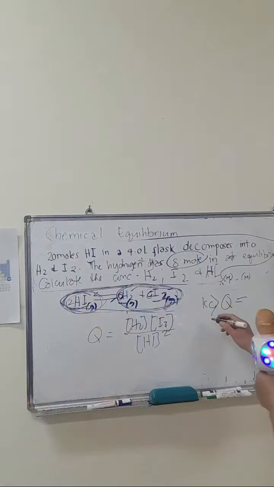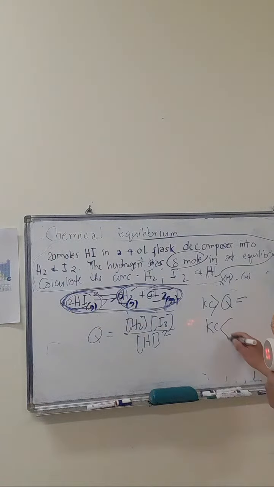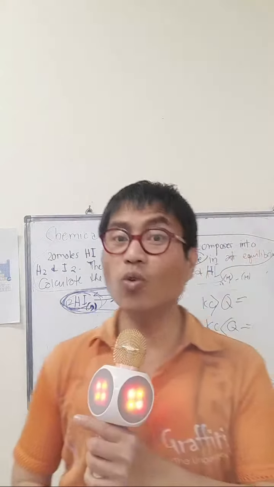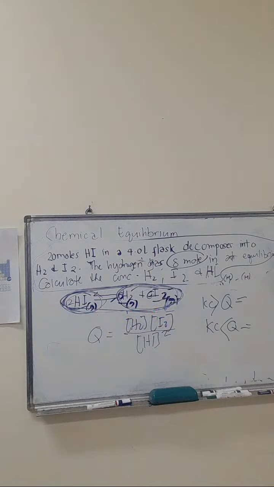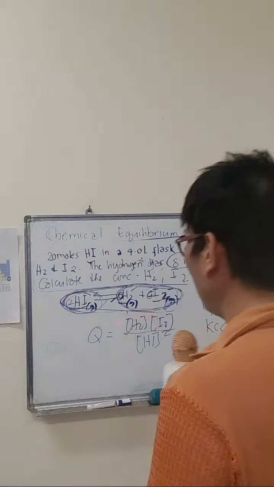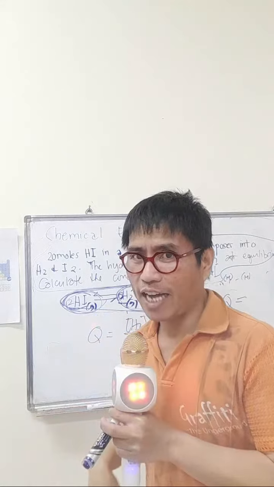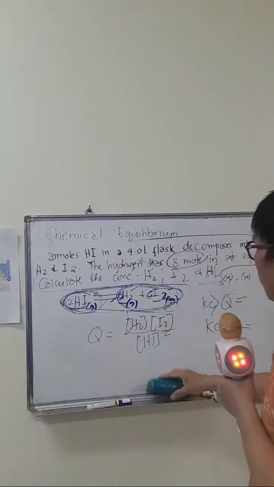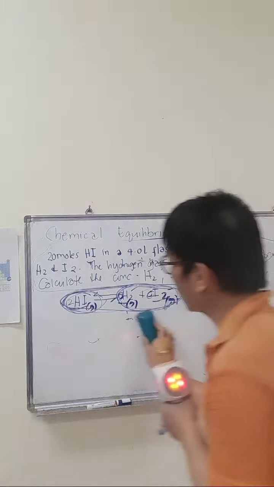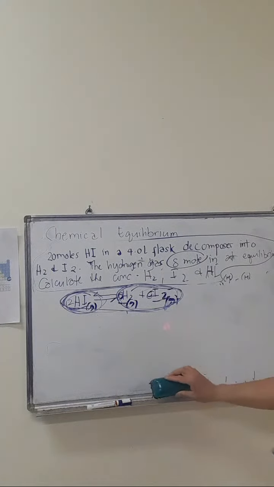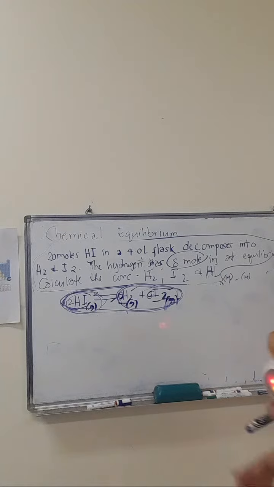And if your Kc is less than Q, then we conclude your chemical reaction will shift to the product, and more of the concentrations of the product will be produced. So this is only to prove if your answer is correct or not, for the reaction quotient and equilibrium constant. Any questions so far?